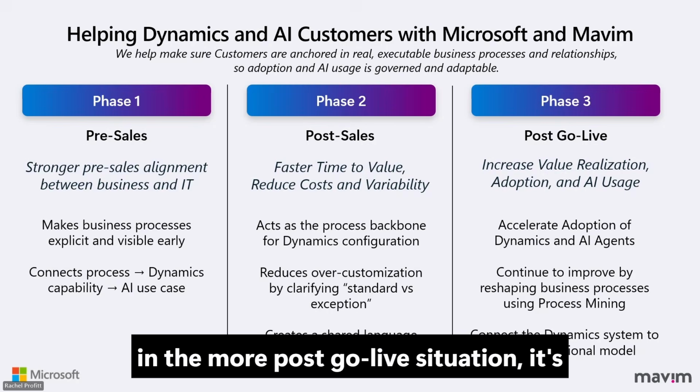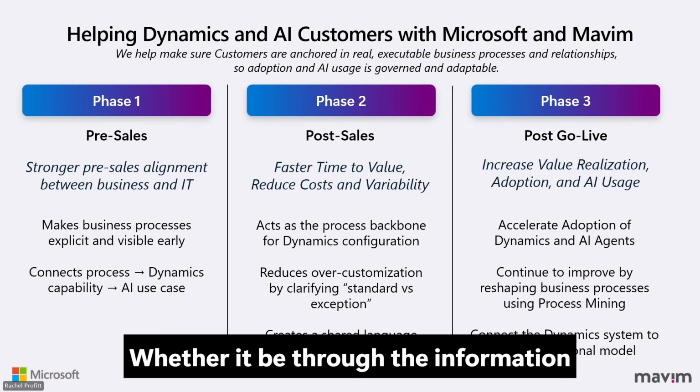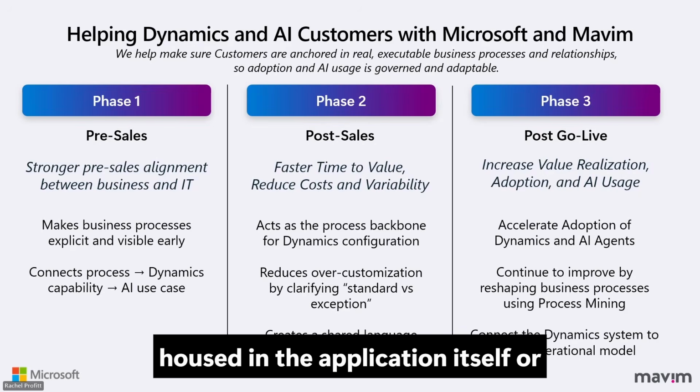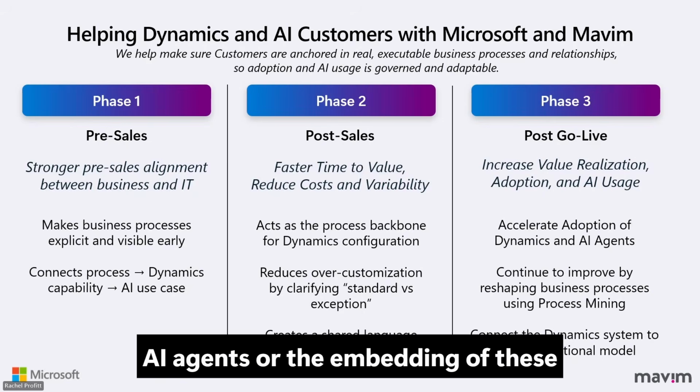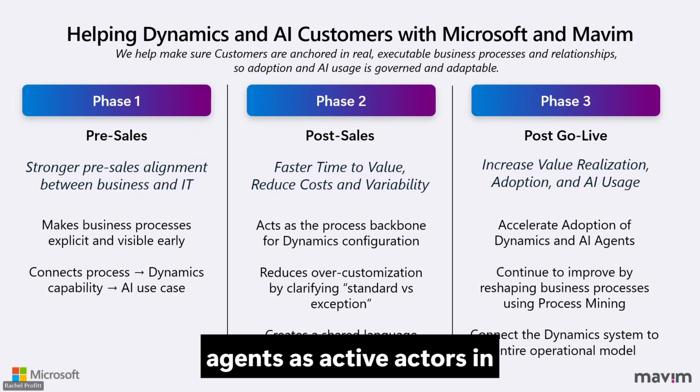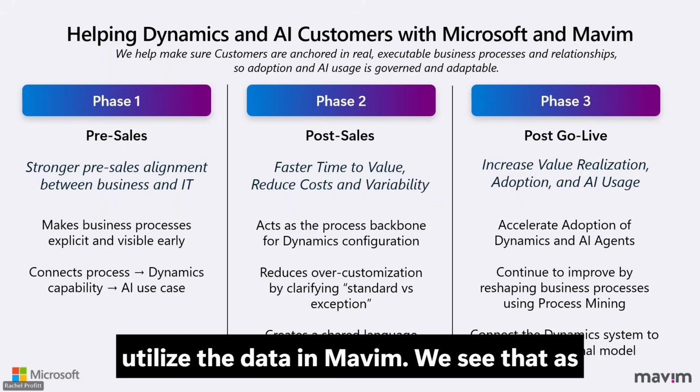And then in the more post-go live situation, it's the acceleration of adoption, right? Whether it be through the information housed in the application itself or through its exposure through AI agents or the embedding of these agents as active actors in transactioning that basically utilize the data in Mavim.